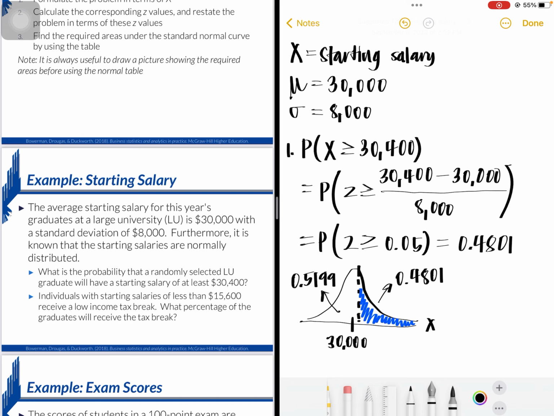So if you just use the R function and type in the z-score 0.05, the calculator will actually give us a more precise probability, which is 0.48006, or when rounded to 4 decimal places, that's the same as what we would get if we use the standard normal table. So the probability that a randomly selected graduate will have a starting salary of at least $30,400 is 48.01%.